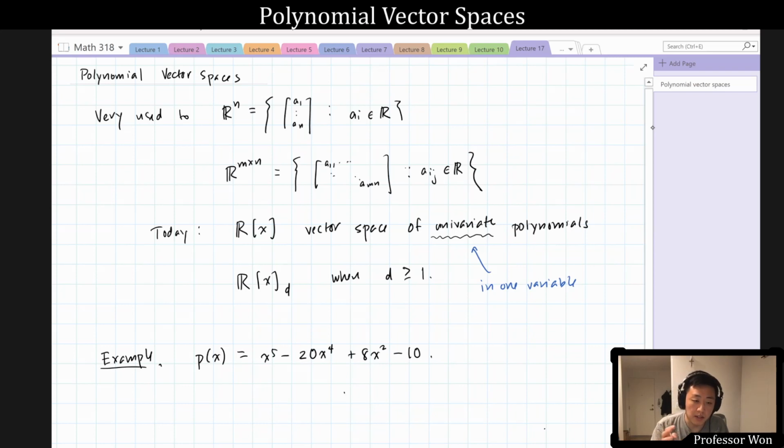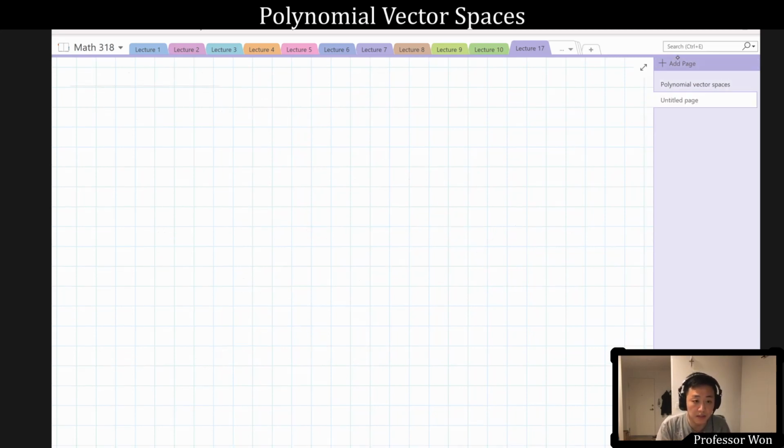Let me now define a bunch of terms that we'll use when dealing with polynomials. These should all be basically review for you. A monomial is a pure power of x. That means it has coefficient 1.